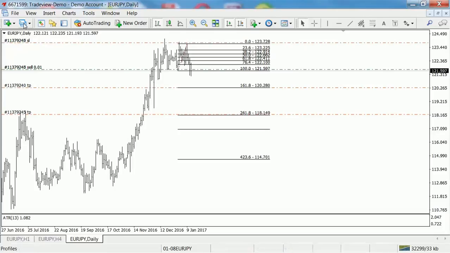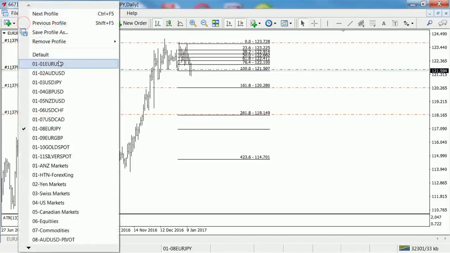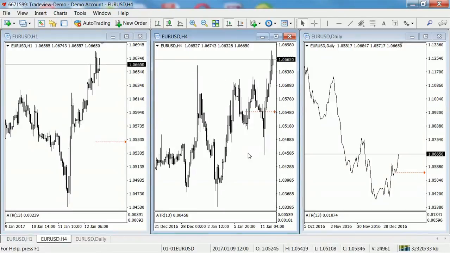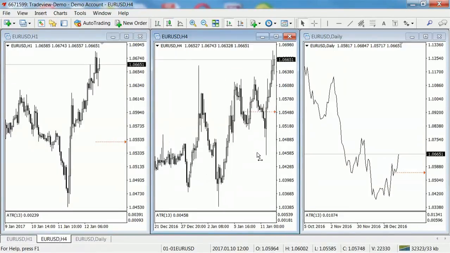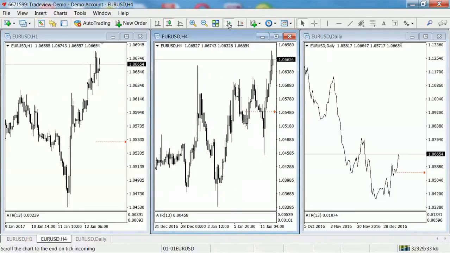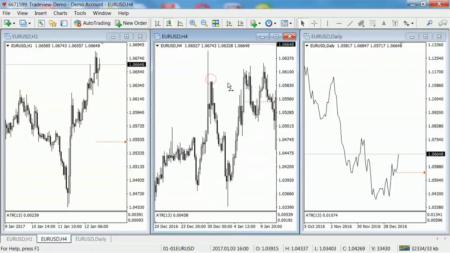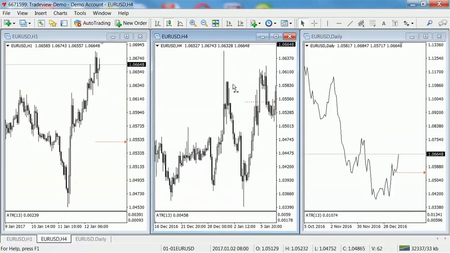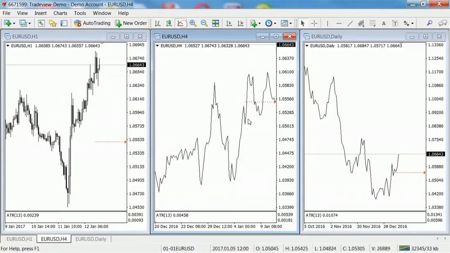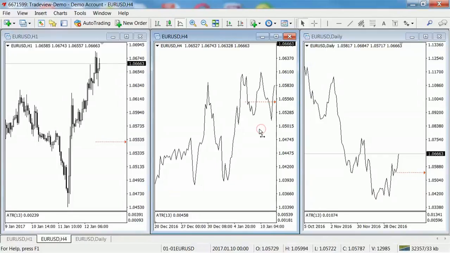Next, what I want to share with you is that sometimes the swing failure just doesn't work, and I'm going to use this example, euro dollar. In this case, you see there's a swing high, a swing low, another swing high, and then another swing low.